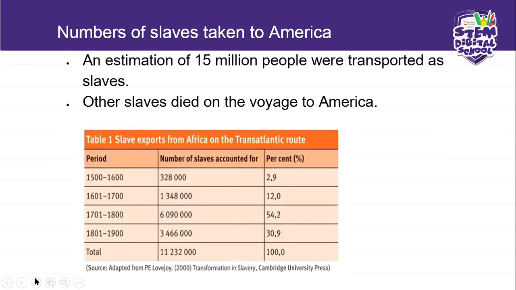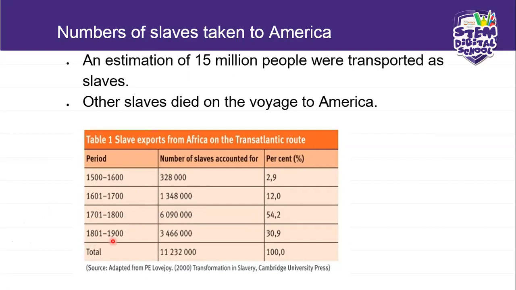If we just go through the table, from 1500 to 1600, you can see 328,000 slaves were taken. And then from 1601 to 1700, about 1,348,000. From 1701 to 1800, 6 million were taken.